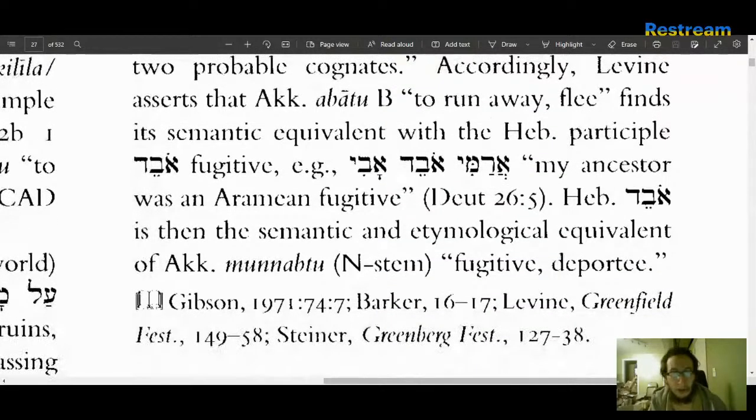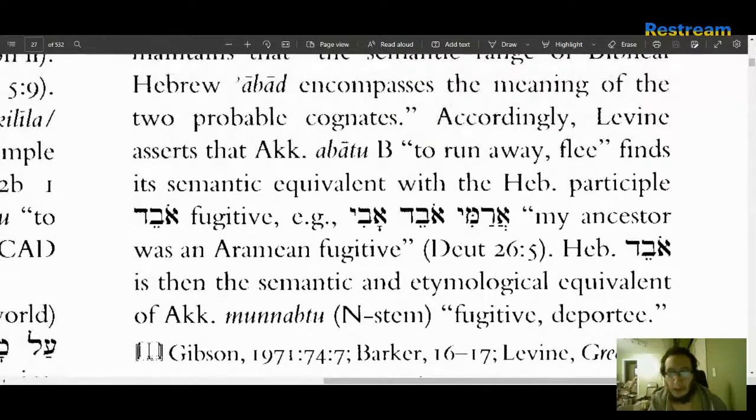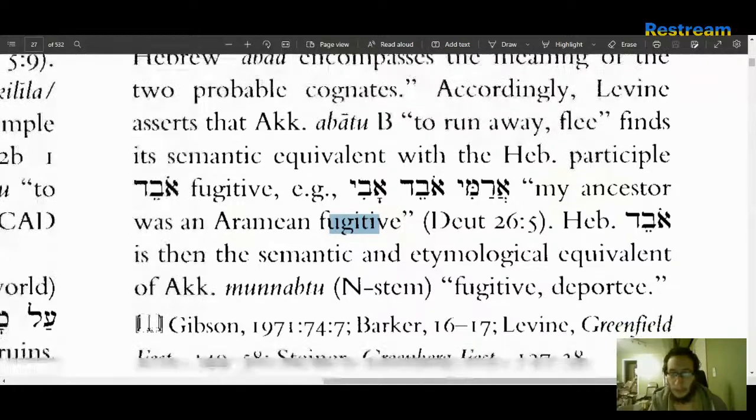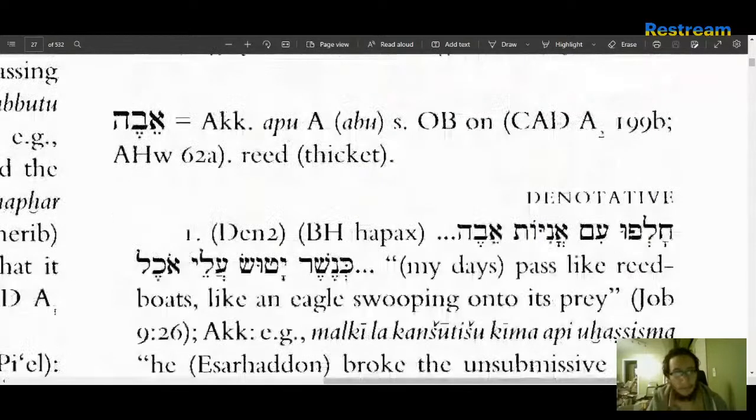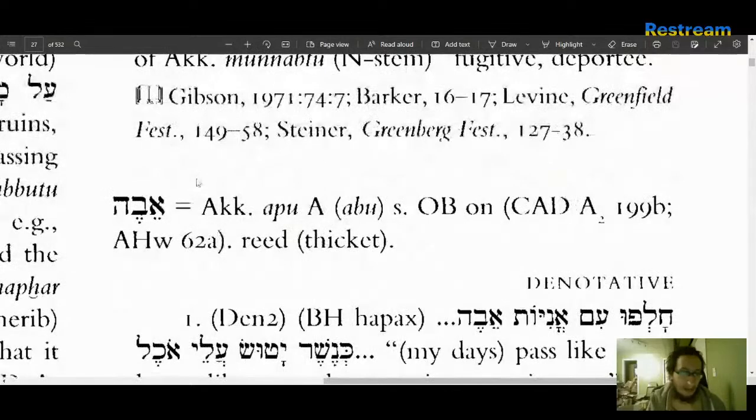Here, interestingly, it says in Deuteronomy, "My ancestor was an Aramaean fugitive," or someone who was lost. My ancestor was an Aramaean lost one. Okay, so that's abad.